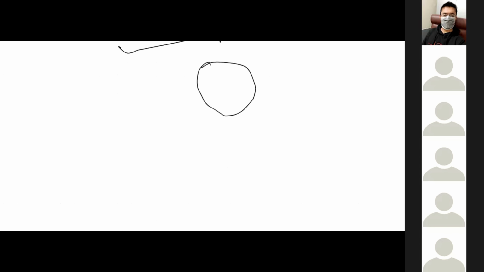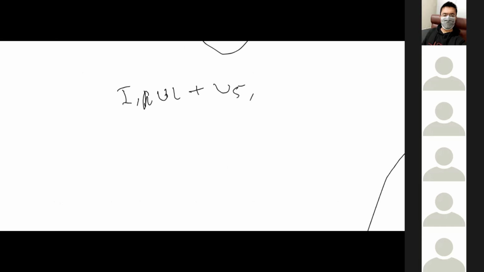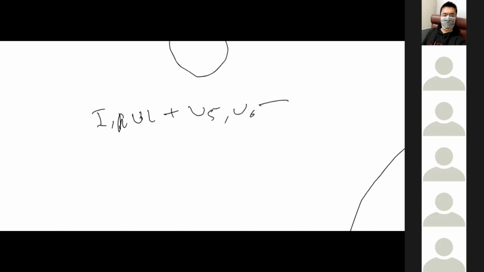What are the combinations that we make with the leads? Lead 1, AVL with V5 and V6 gives us the lateral aspect of the heart. Always remember with AVL that this is the lateral aspect of the heart.